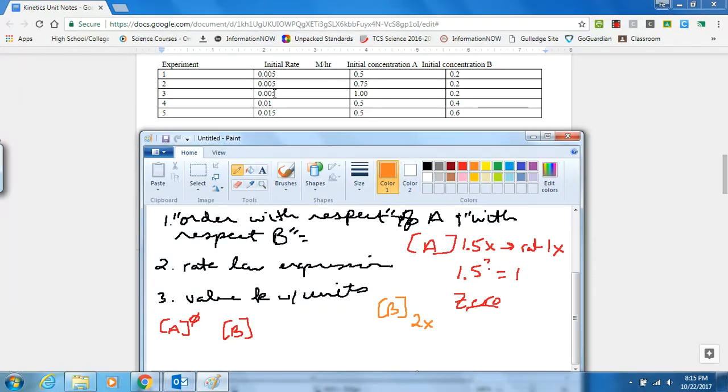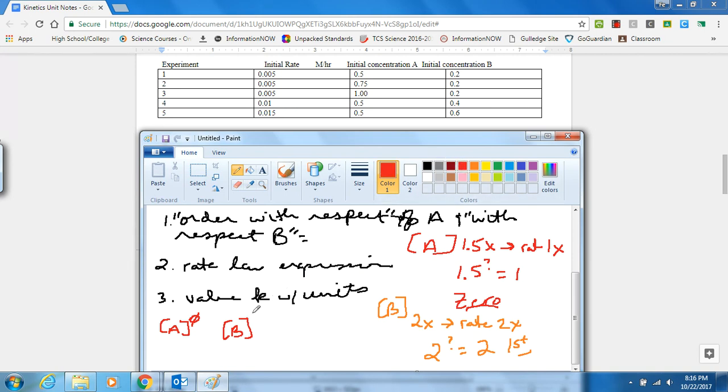It's going from 0.005 to 0.01. So that 2 times in concentration is causing my rate to double as well. Now, what relationship gives me 2 raised to what power is equal to 2? Well, the answer there is 1. So what that means is that B is a first order reaction.